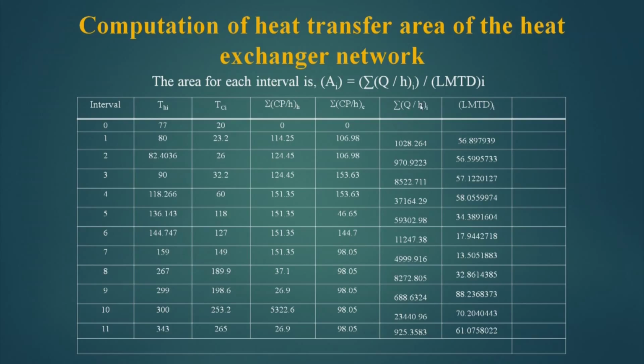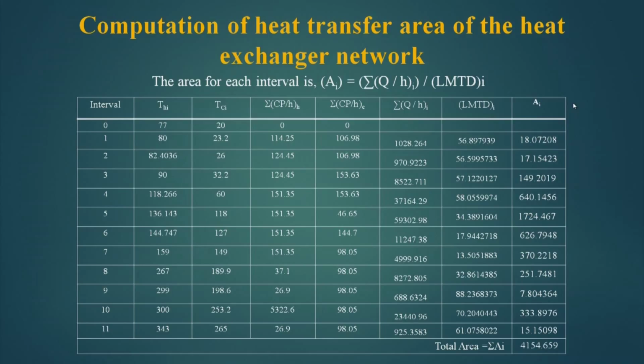So, we have this value known, we have this value known. What we have to do is divide this by this and find out the area. So, these are the area values. And when we sum the area, it comes to be 41546.659.